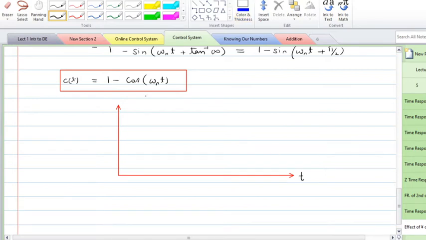Suppose this is your unit input and this is your C of t.